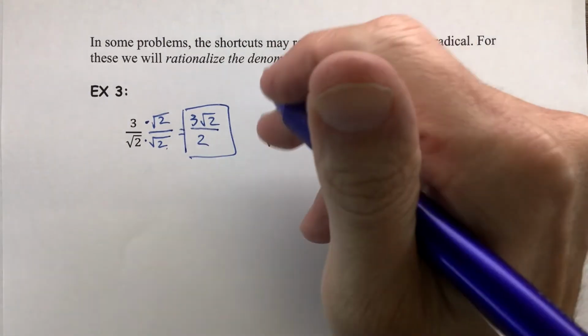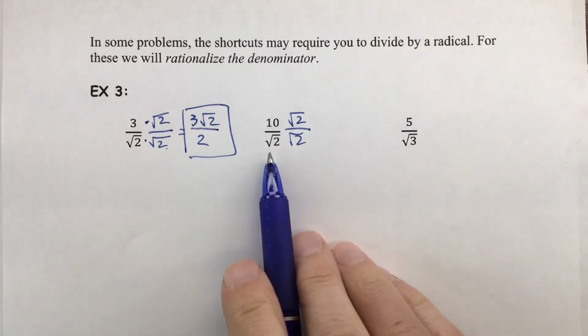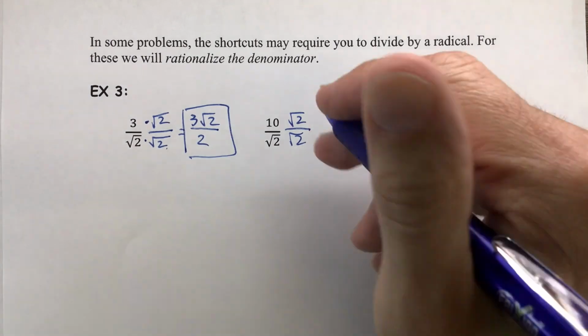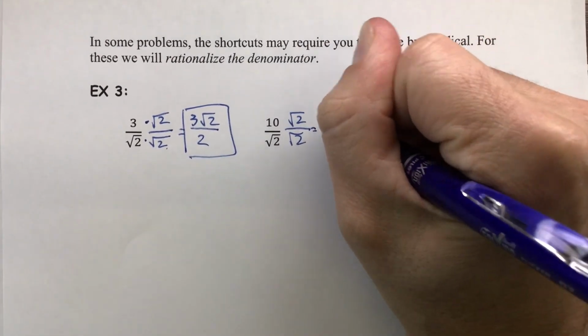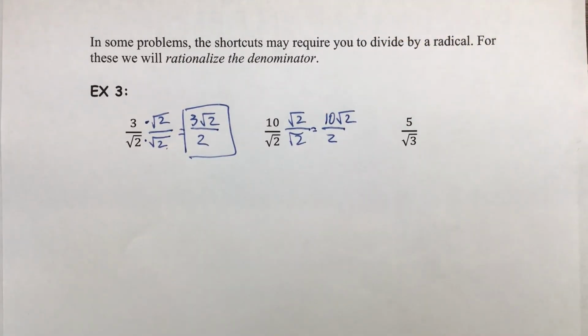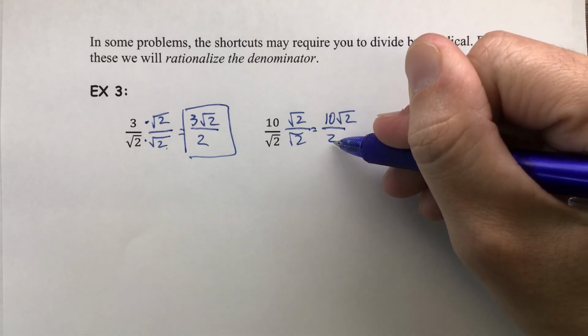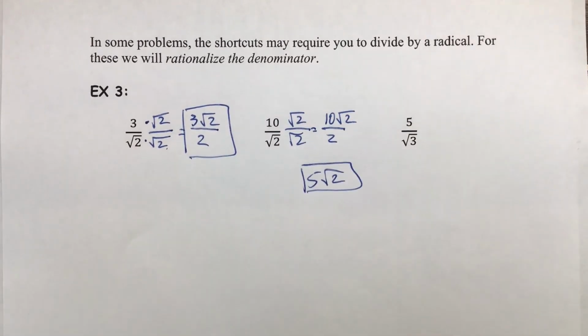All right, so then the others, they're all pretty much the same thing. Whatever your radical is in the bottom, you'd multiply by that. It will become the normal form of that number. So you get a 2 on the bottom. The top is going to be 10 square root 2. However, sometimes when you do this, the values that you have here could actually reduce. So you can actually divide the 2 into the 10, and this can be best written as 5 square root 2.